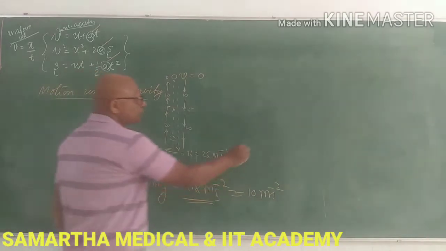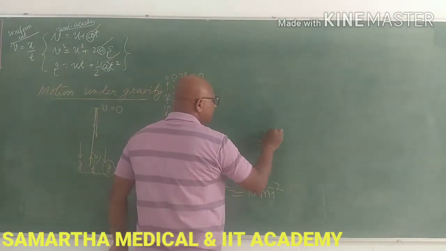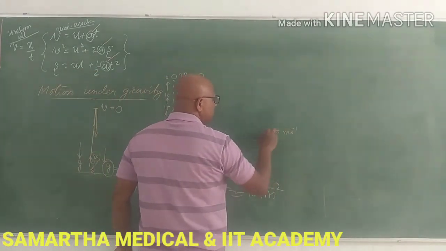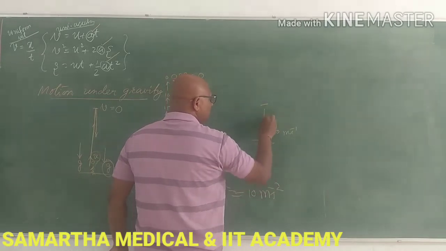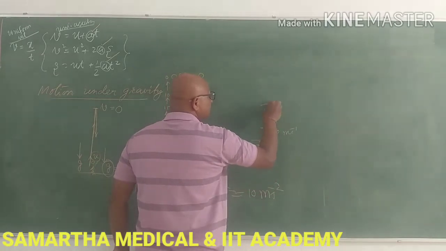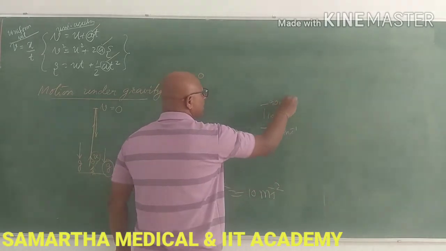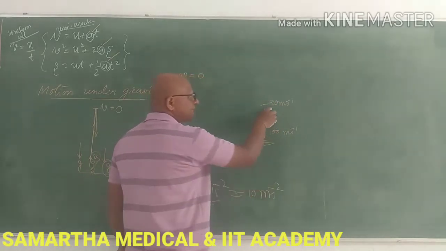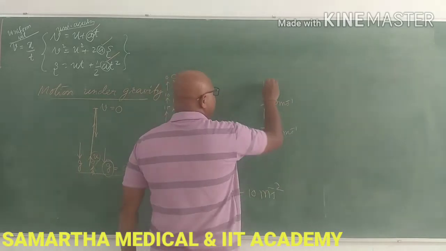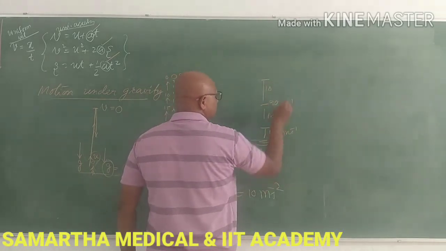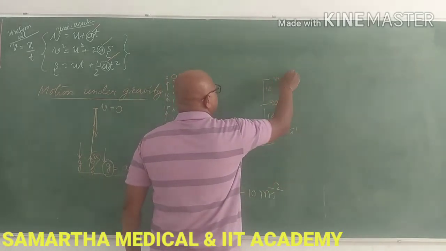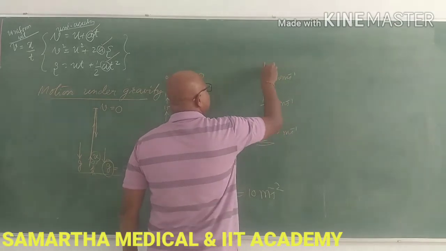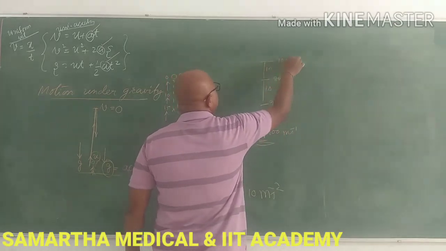If you throw a stone with 100 meter per second speed, within 1 second, its speed will become 90 meter per second. It loses 10 meter per second in 1 second. In another second, its velocity becomes 80 meter per second. In another second, its velocity will become 70 meter per second.